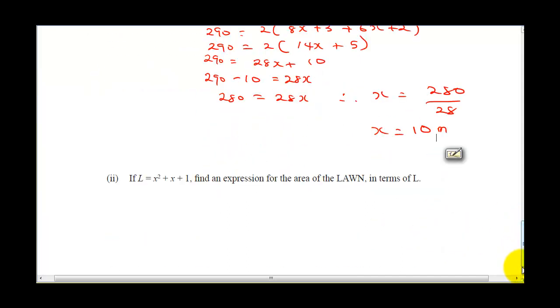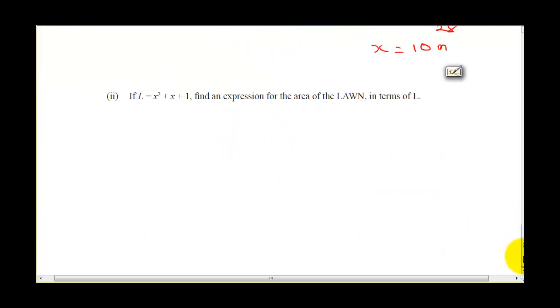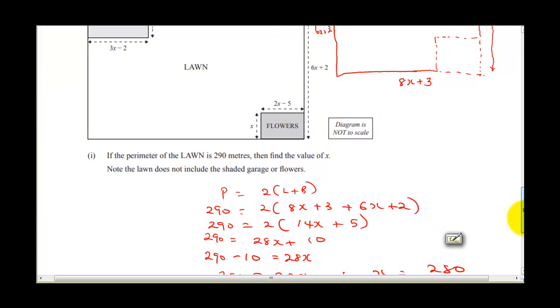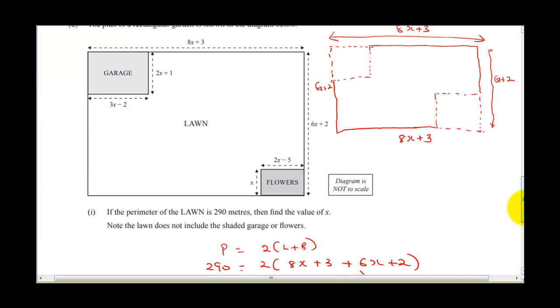Now the grand finale question in this number says if L is equal to x squared plus x plus 1, find an expression for the area of the lawn in terms of L. Now recall that the lawn does not contain the shaded part, which is the garage, and the flowers.